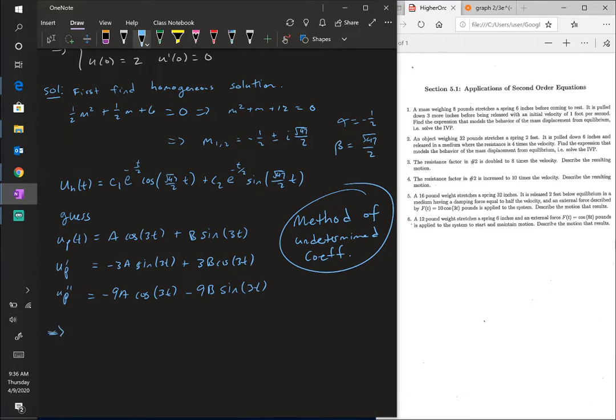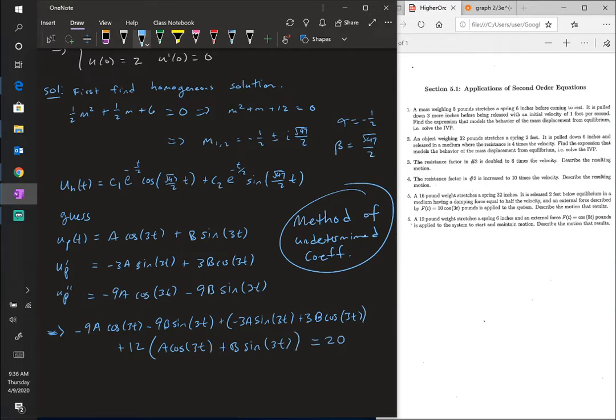Substitute that into the non-homogeneous equation. Get -9a cosine 3t minus 9b sine 3t plus -3a sine 3t plus 3b cosine 3t plus 12 times a cosine 3t plus b sine 3t all equals 20 cosine 3t.